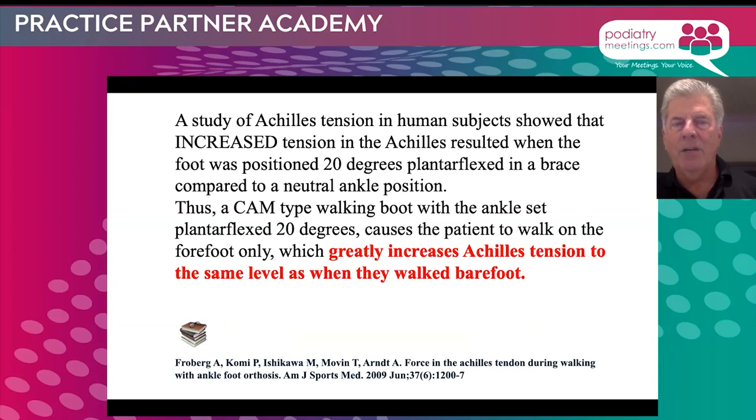And believe it or not, when they walked in the plantar flex boot, it increased the Achilles tension to the same level as when they walked barefoot. And what this showed was an increased physiologic response to the precarious position of the patients walking on this extreme plantar flex boot that was not flat on the ground.